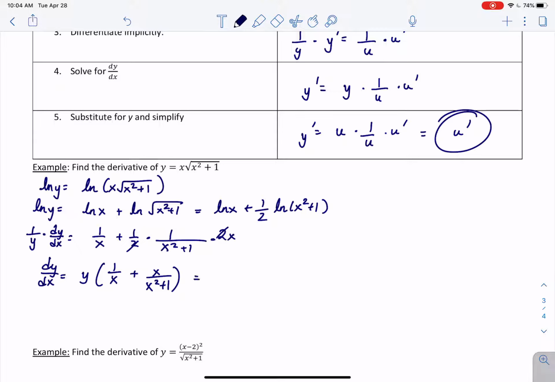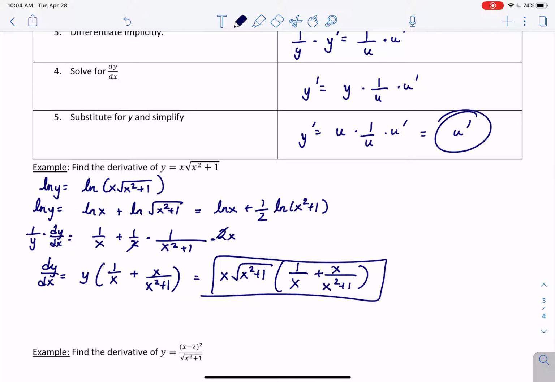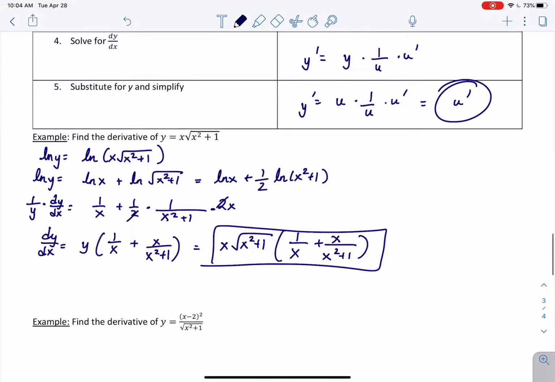And then I resubstitute y back in. And I get my derivative on this. So a much faster way sometimes to find these derivatives. And then you can also simplify the fraction on the inside, so we can do a little bit more work with it and eventually get something that's way simpler to look at as well.